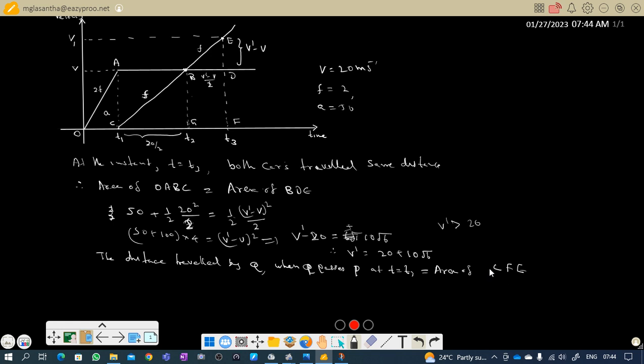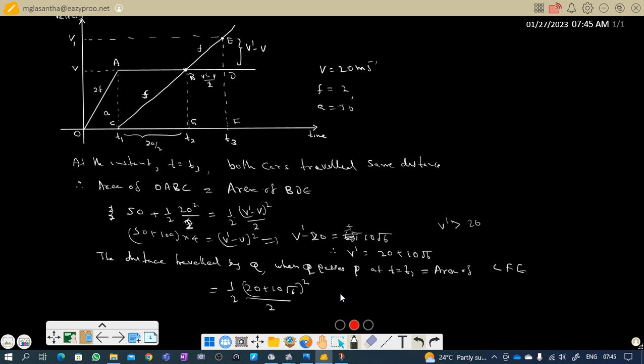That is equal to half into V dash, which is 20 plus 10 root 6, squared over 2.